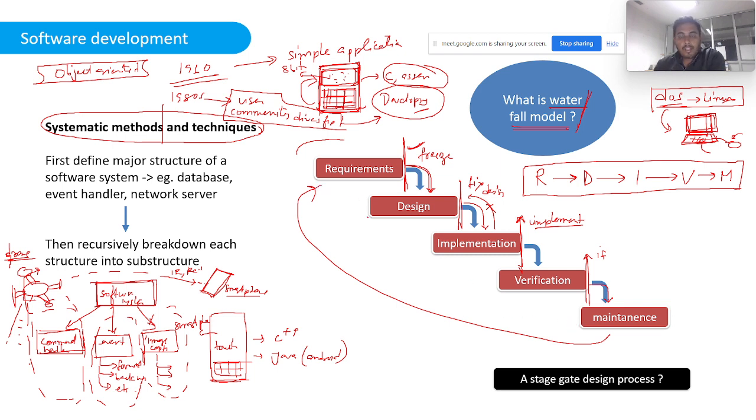So basically, this was an improvement over the traditional approach where one straight away goes into the design and implementation phase. Earlier, for example, if you're from a computer science or electronics background and you have to do a school project or class project, you may realize that you straight away choose a problem and start developing something, and then you make an application or a device.